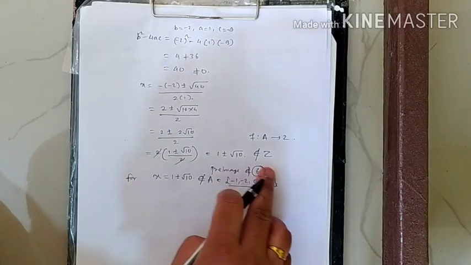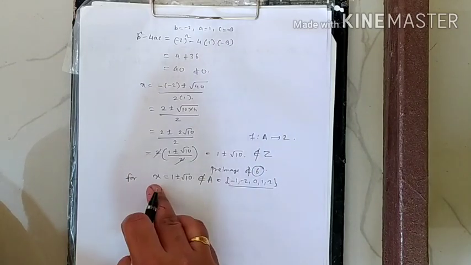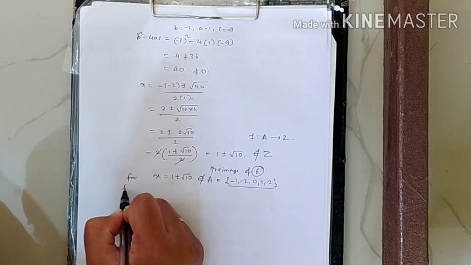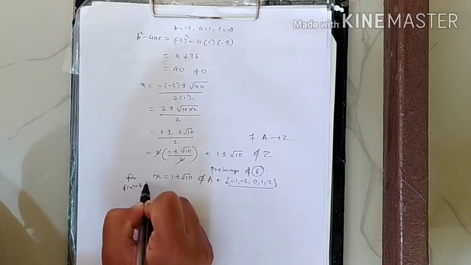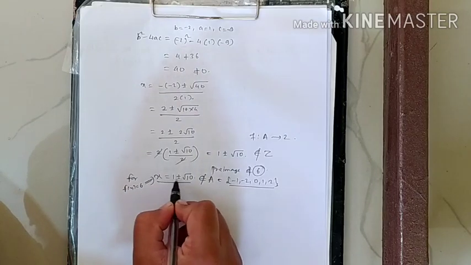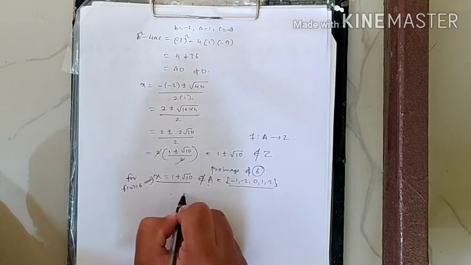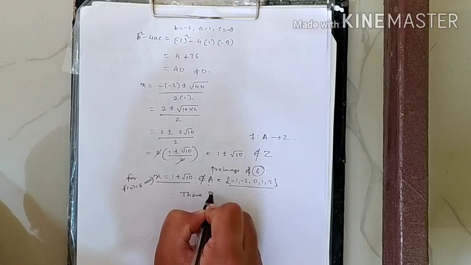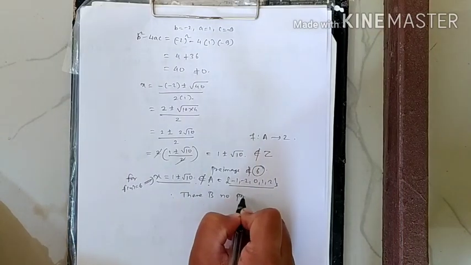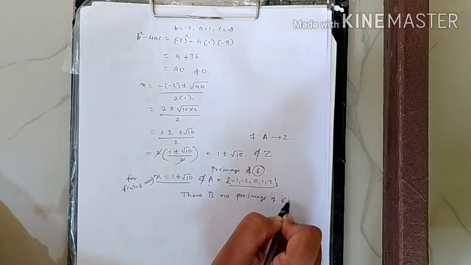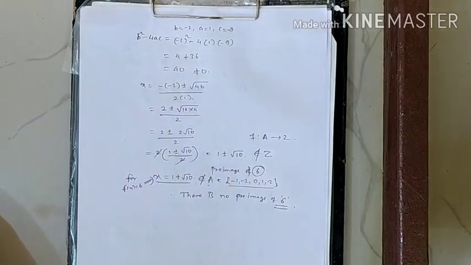For f of x equals 6, we have x equals 1 plus or minus root 10, and this value does not belong to A. So therefore there is no pre-image of element 6. Getting? Any doubt, student?